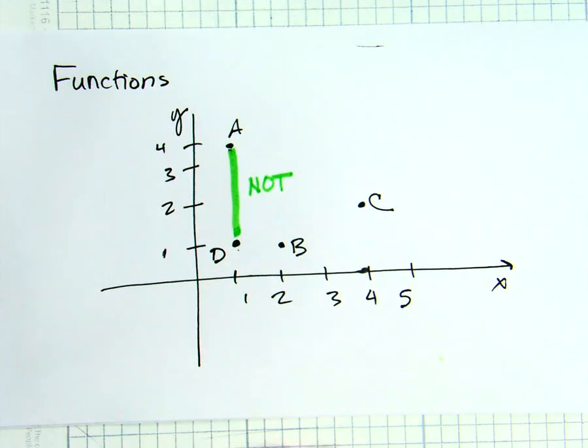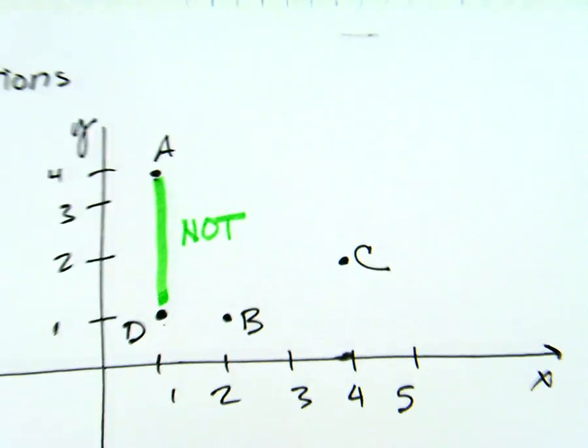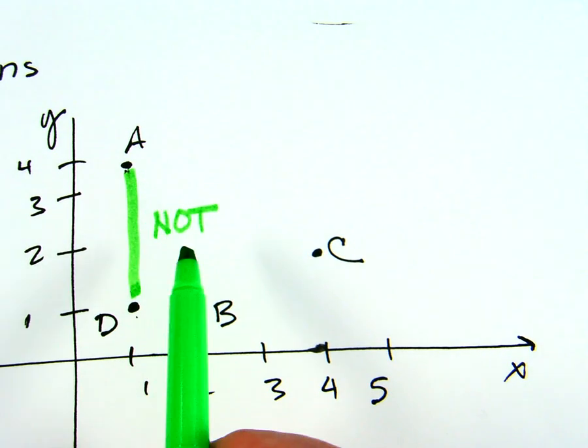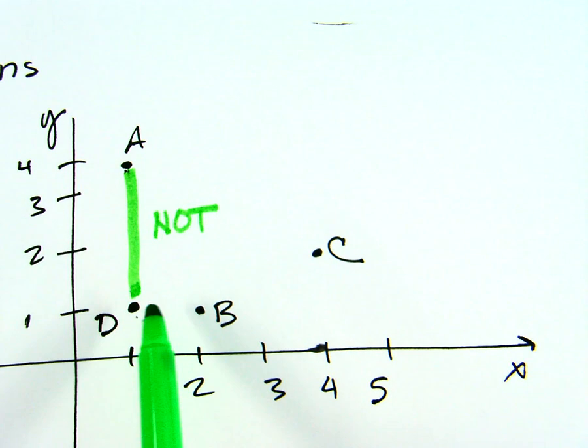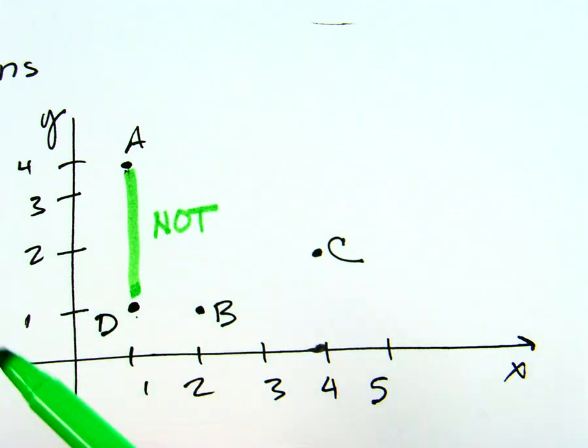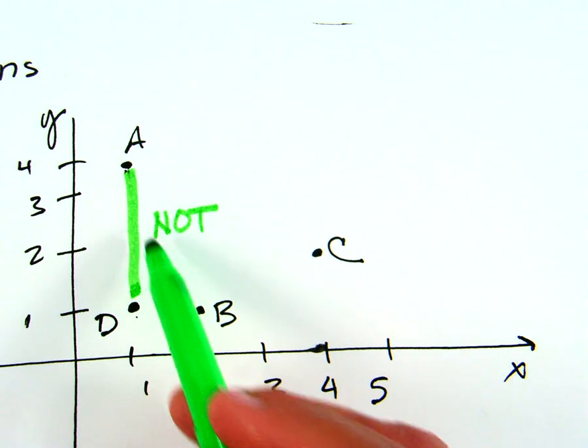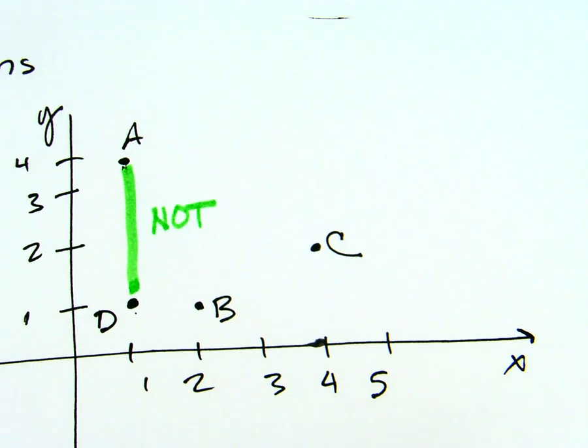So with a graph, it's really easy to see once you've graphed it, is it a function or not? This is not a function because the point A is physically above the point B, which means, in more mathematical language, that for every input, the input 1, it's not unique. There are 2 outputs. Therefore, this is not a function.